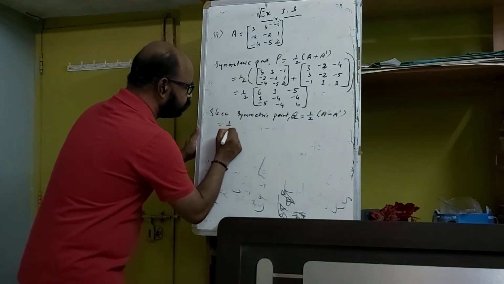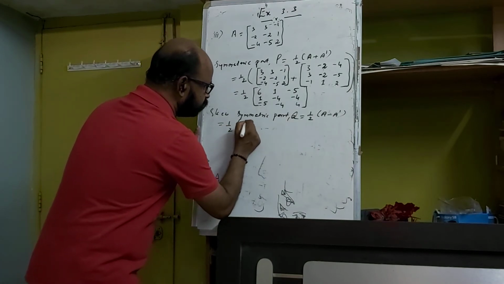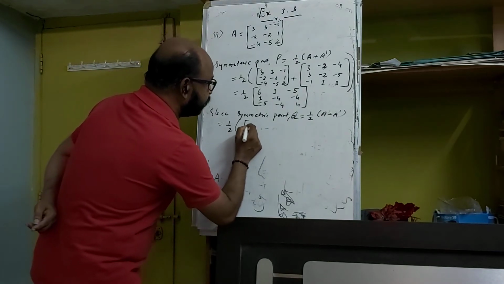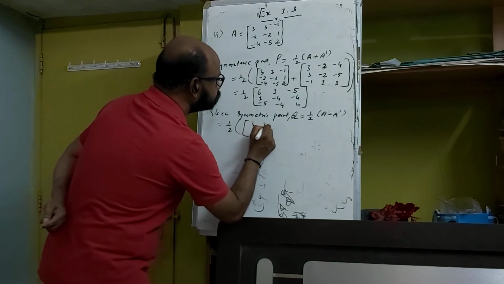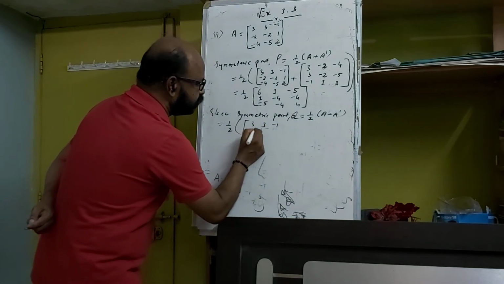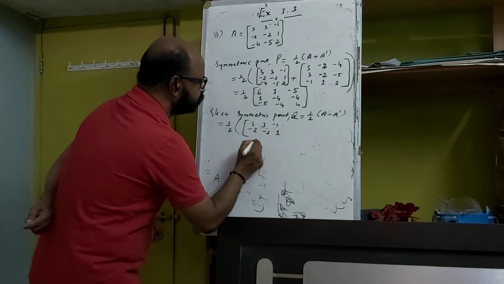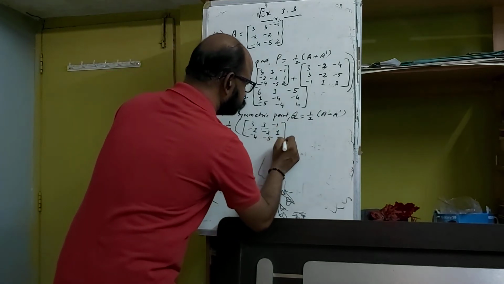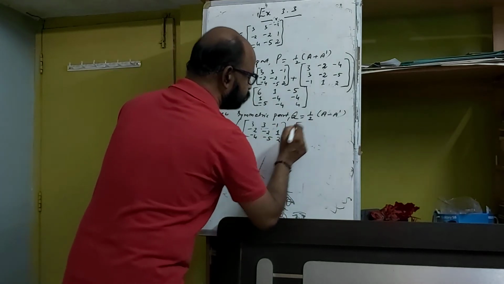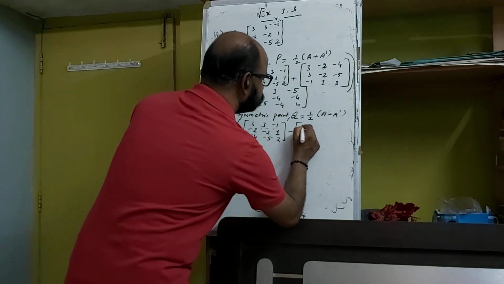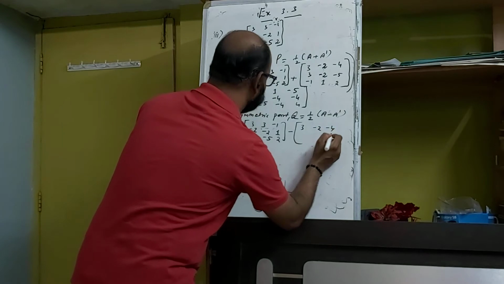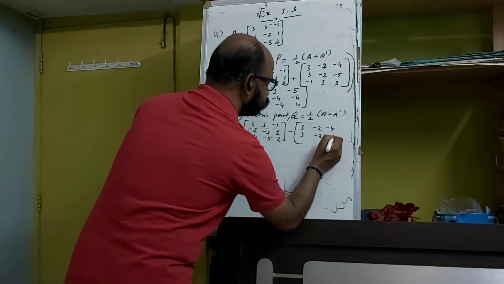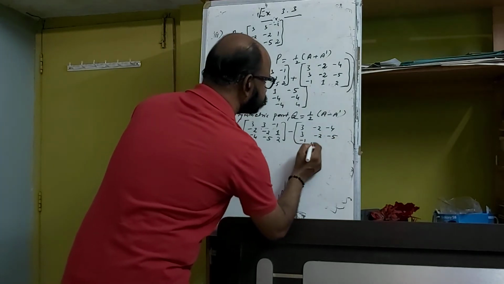That is half into A, that is 3, 3, minus 1, minus 2, minus 2, 1, minus 4, minus 5, 2, minus matrix 3, minus 2, minus 4, 3, minus 2, minus 5, minus 1, 1, 2.